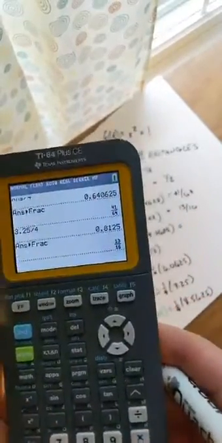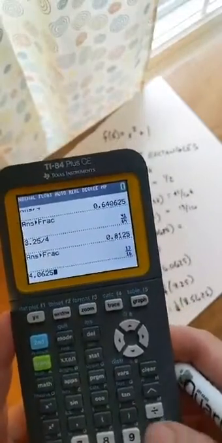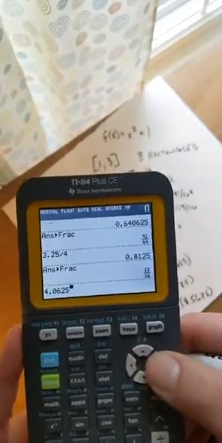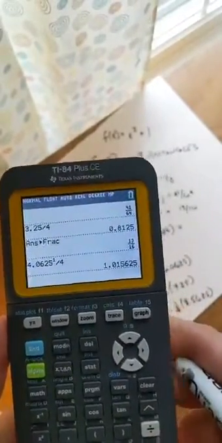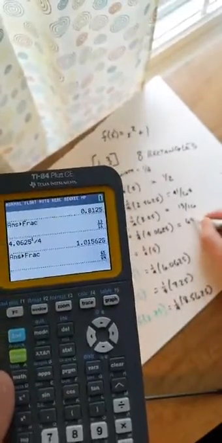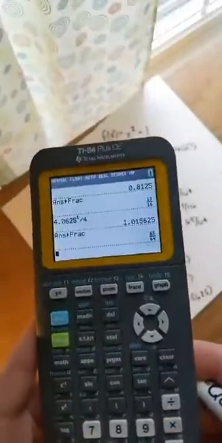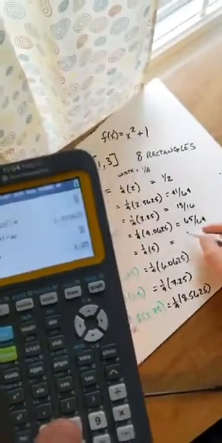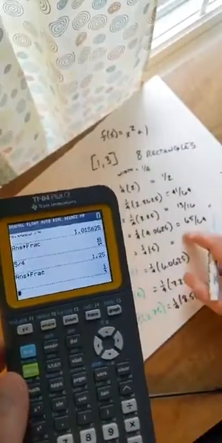Doing this the long way with fractions, so then our answer comes out nicer. 4.0625 divided by 4. Math, enter, enter. 65/64. All right, 5 divided by 4, 1.25. Oh, I'll put that as a fraction. That's 5 over 4.